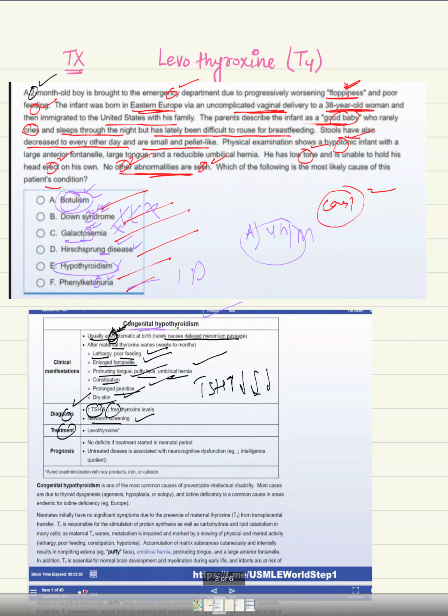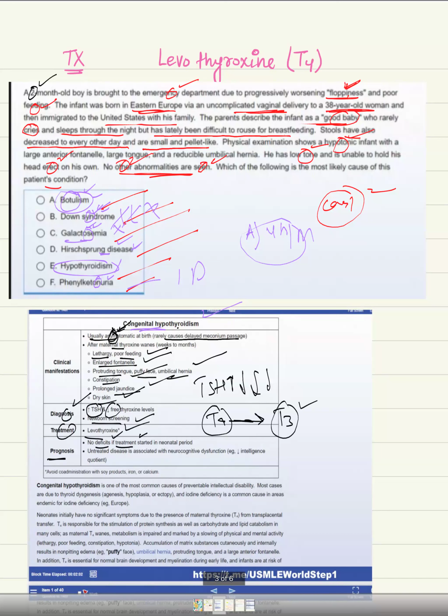Then treatment: levothyroxine. Levothyroxine is T4. When you take levothyroxine, it goes to your body and converts into T3. So just remember, we give levothyroxine. Then what is the prognosis? If you start the treatment early, there will be no deficit, because if you delay the treatment, the neurons are going to be damaged, and that will lead to neurocognitive dysfunction, intellectual disability, or neurodevelopmental delay.